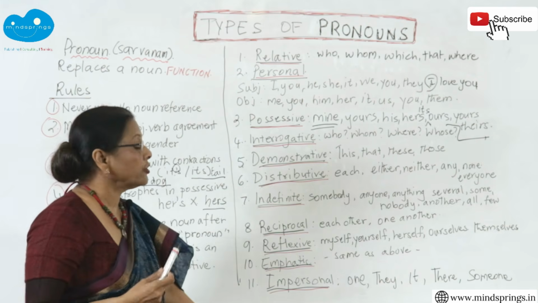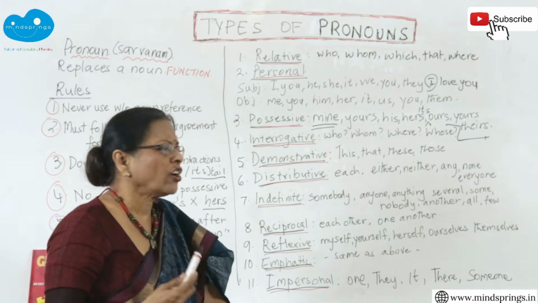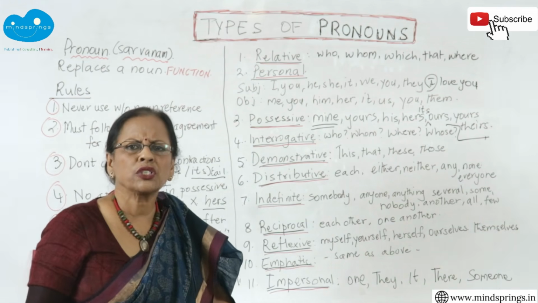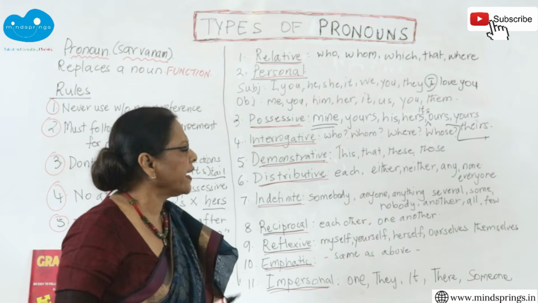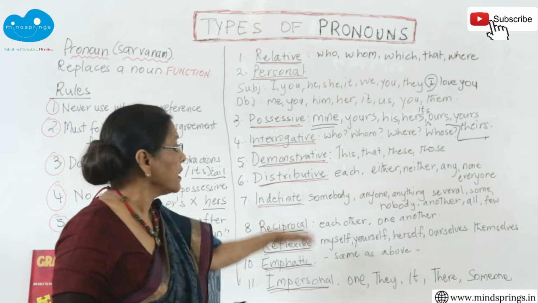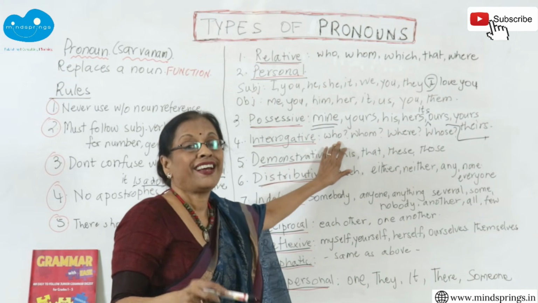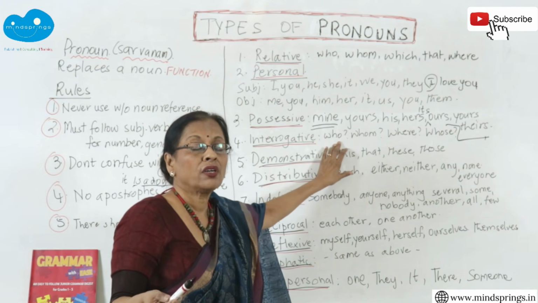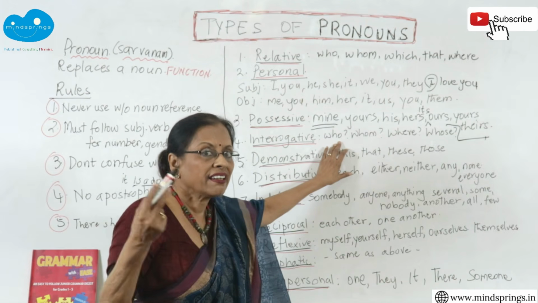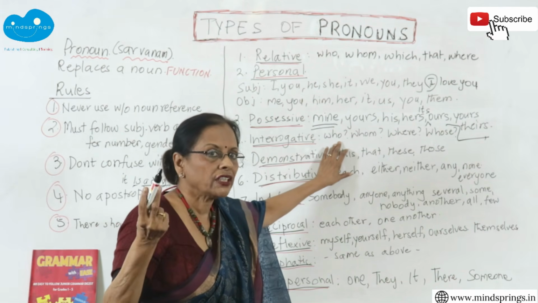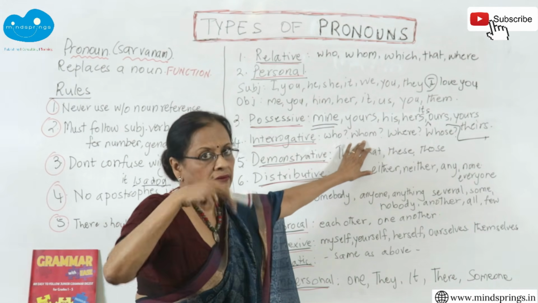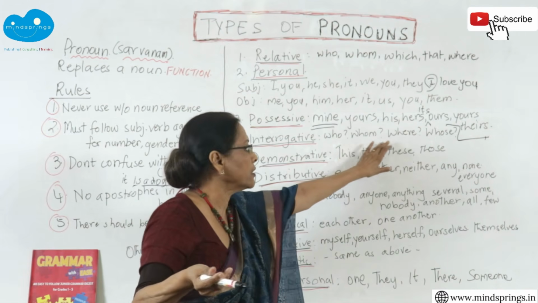Then you come to the interrogative. Interrogative is very easy, all those question words: whom, who, where, whose, all those words. But you should be able to replace it with a noun. If I ask "who", I can say "the girl"; who stands for a girl. "Whom", again in the object position, will stand for a girl.